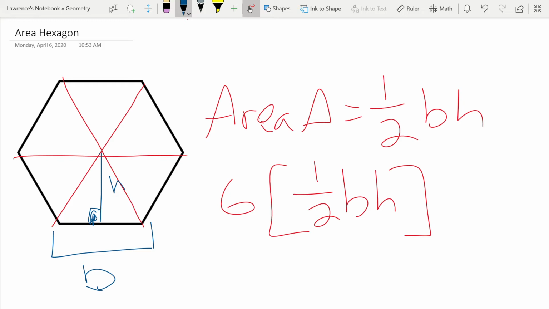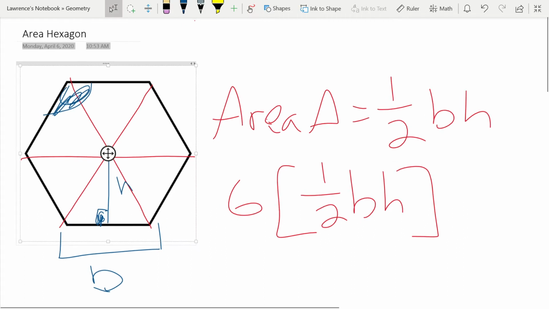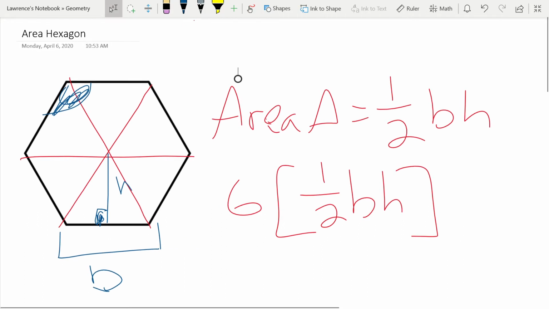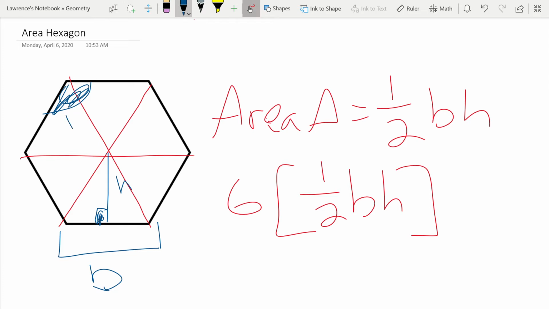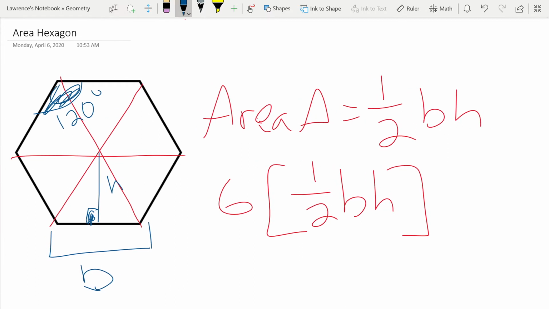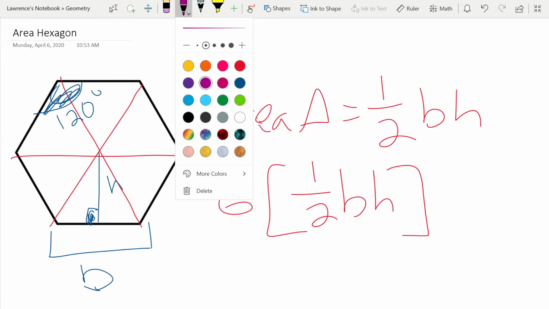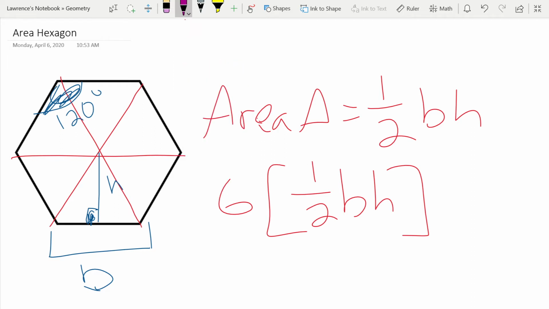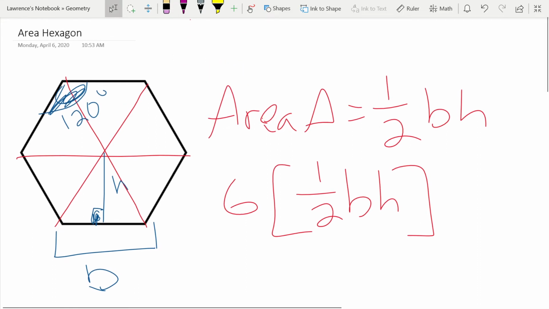The other thing that we're going to need, I want to remind you of, this is a hexagon. We did mention this at some point. Hexagons have 120 degrees for each angle. Okay? So when I cut it in half, each angle is going to be 60 degrees.